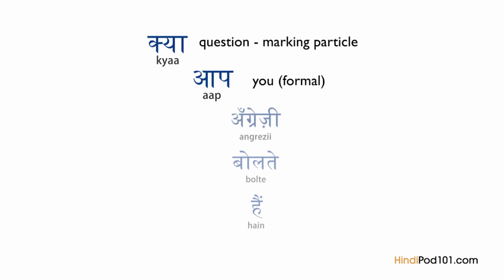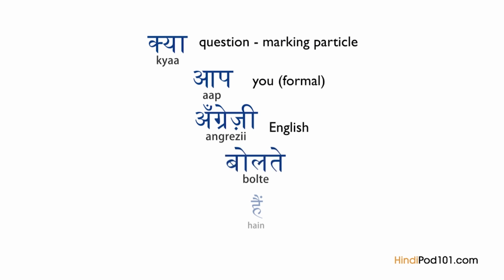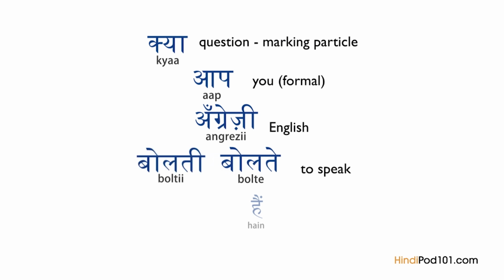Next we have Angrezi. Angrezi means English. Next is bolte. Bolte means to speak. It is used when the subject is masculine. Use bolti when the subject is feminine. And finally, hai. Hai is a sentence ending particle used with the formal you.